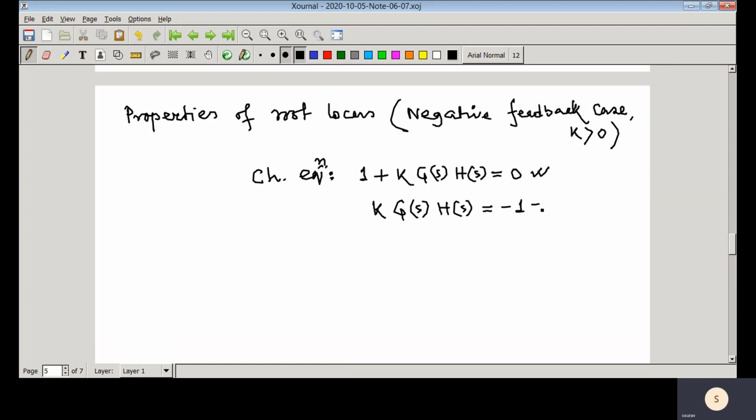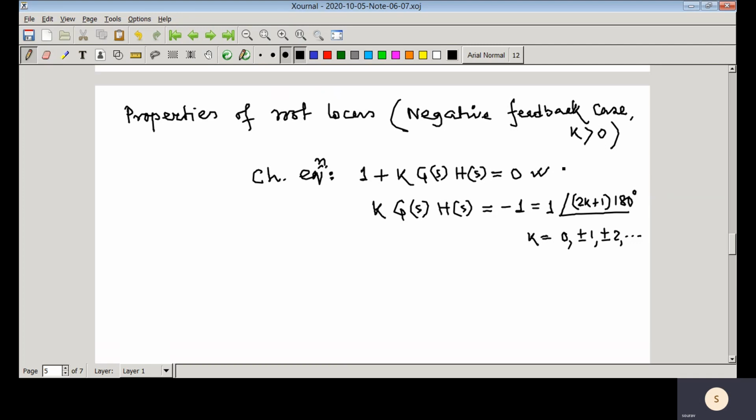So then we can represent -1 in polar form as 1 angle (2k plus 1) into 180 degrees, where k equal to 0, plus or minus 1, plus or minus 2 and so on.